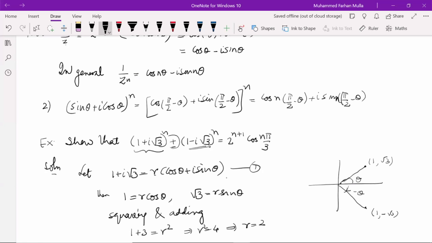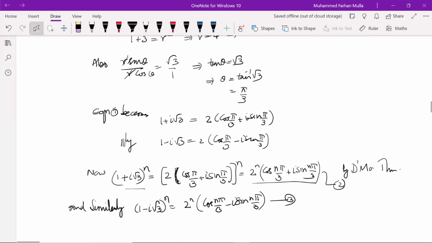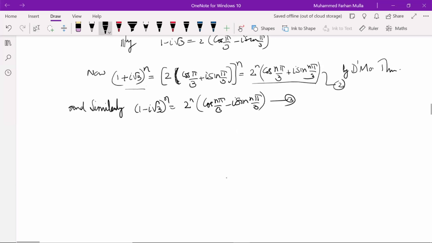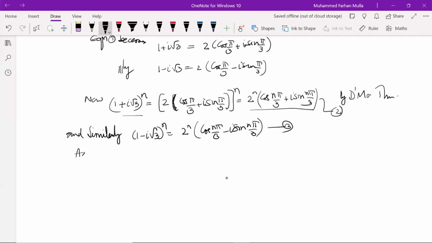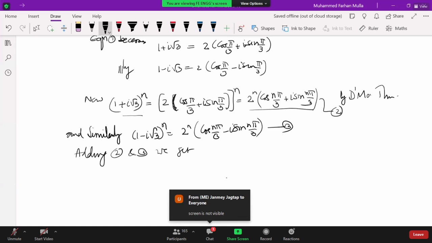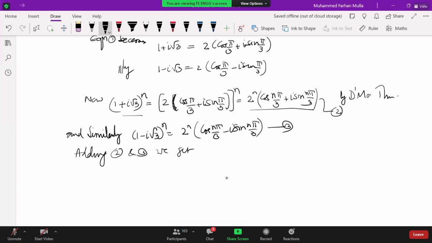So therefore, adding equation number 2 and 3. On the left hand side, (1 + i√3)^n + (1 − i√3)^n.